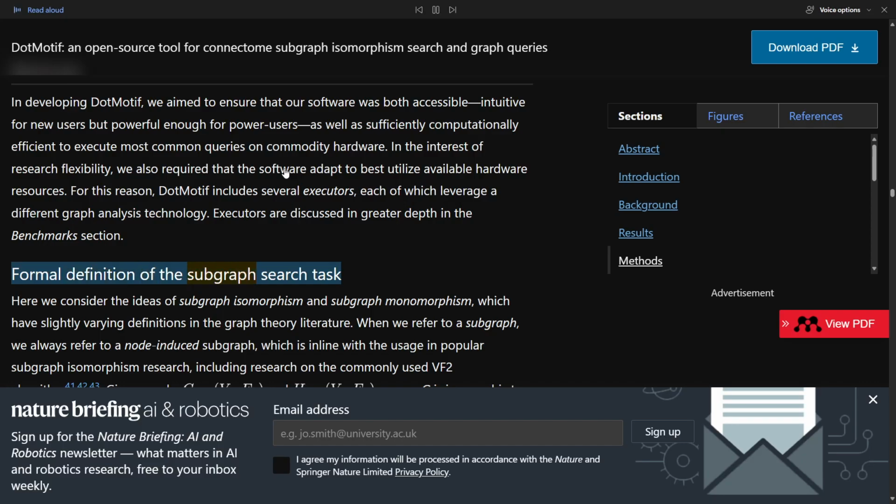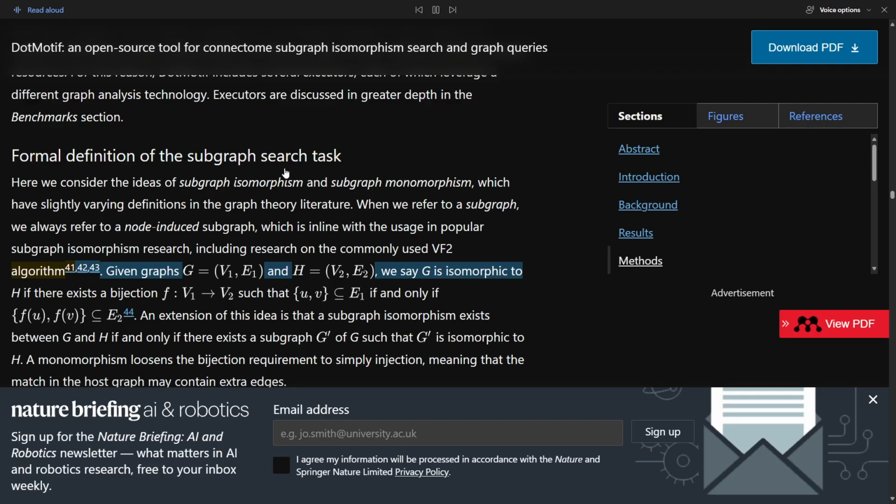Formal definition of the subgraph search task. Here we consider the ideas of subgraph isomorphism and subgraph monomorphism, which have slightly varying definitions in the graph theory literature. When we refer to a subgraph, we always refer to a node-induced subgraph, which is in line with the usage in popular subgraph isomorphism research, including research on the commonly used VF2 algorithm 41, 42, 43.